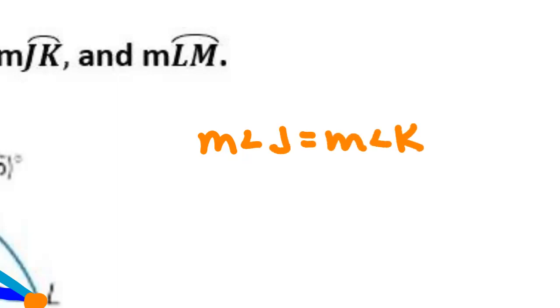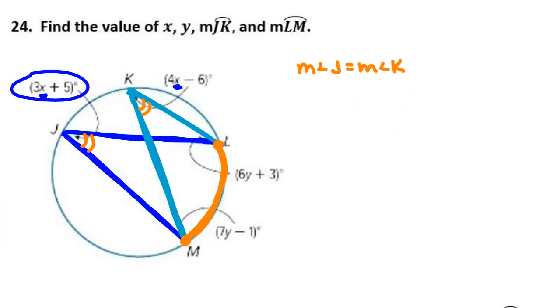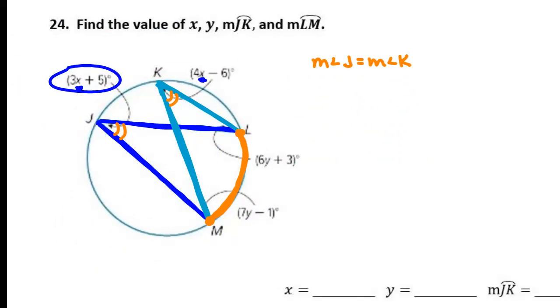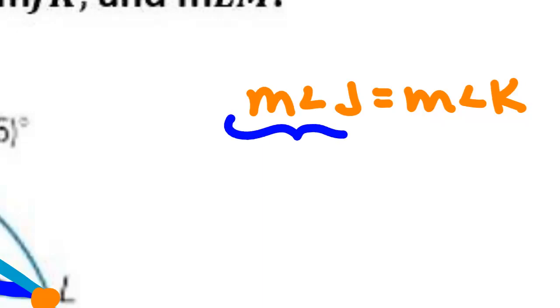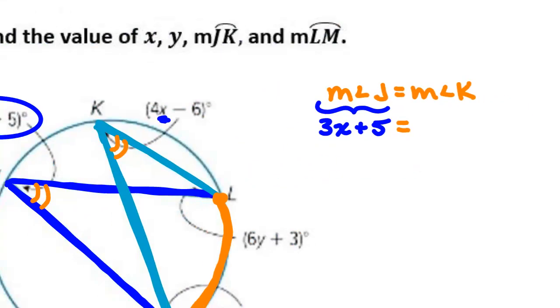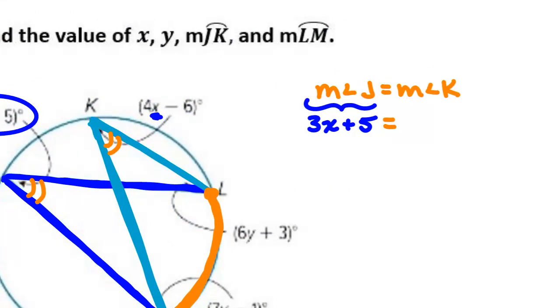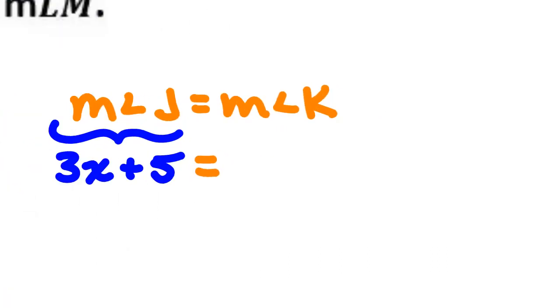So the measurement of angle J is equal to the measurement of angle K. Angle J is 3x plus 5. And angle K is 4x minus 6.